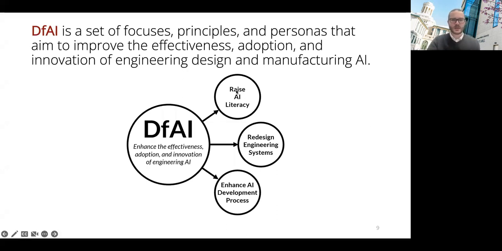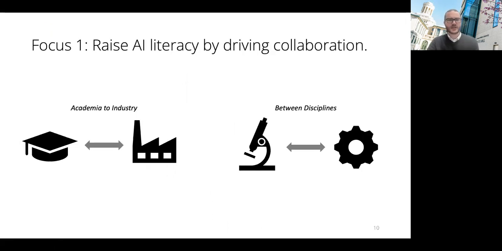And the 3 bubbles shown here are 3 areas or 3 focus areas where we think DeFi can have the most positive impact. And the first focus area is on raising AI literacy by driving collaboration. AI literacy in this case, I think can be taken to mean the terminology that we use to talk about AI. And there are some gaps, right?